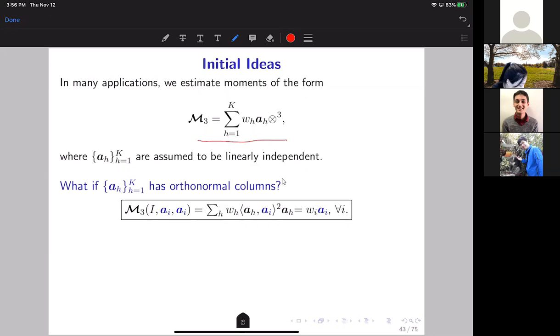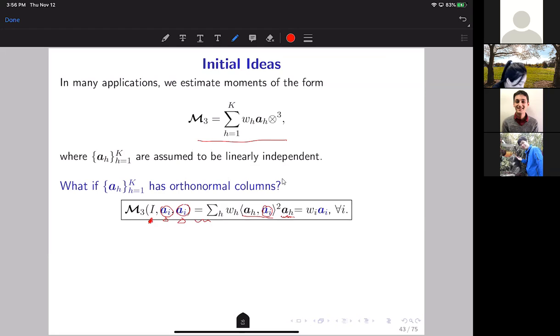This is the definition of my multilinear operation. The first component will maintain a_h because this is a linear operation with the identity. But for the second and third mode, you would have the inner product between any of the components a_h and this specific a_i here.